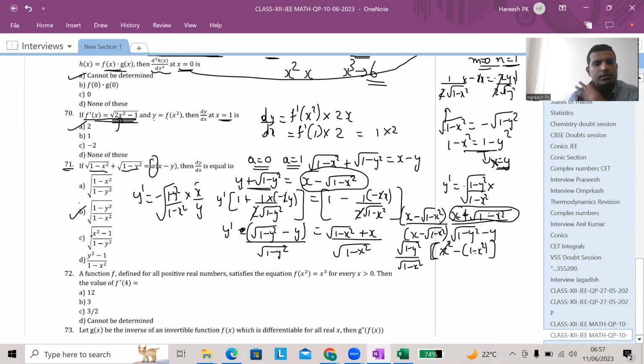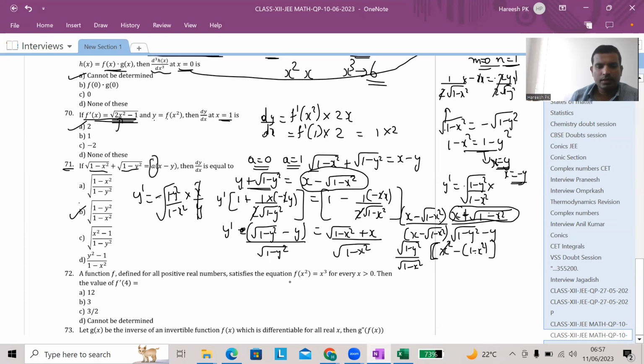So the answer is option B, because x and y get cancelled with the minus 1, as x can either be y or minus y. If x is minus y, this minus and minus will make it plus. So it is option B. It was a slightly tricky one.